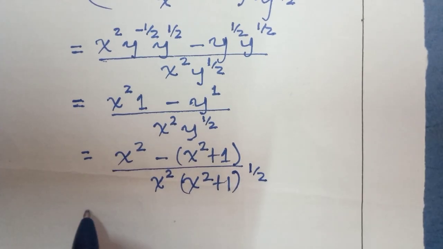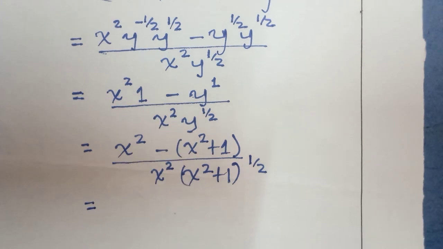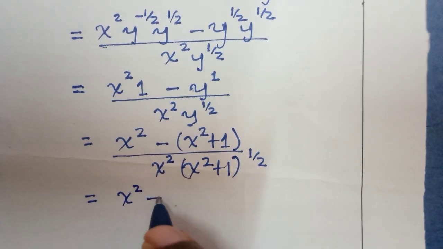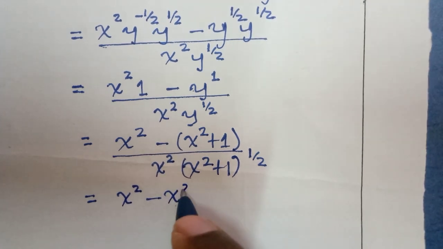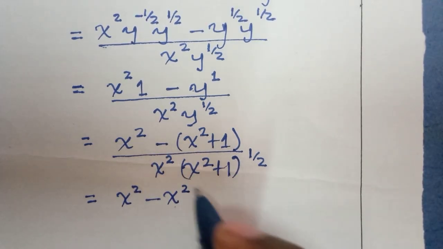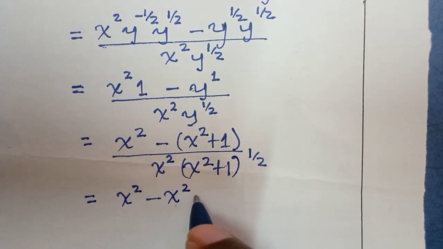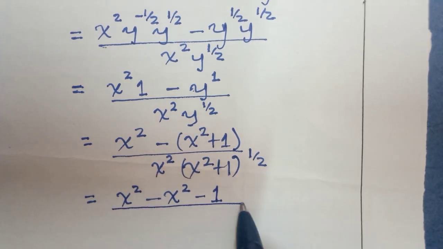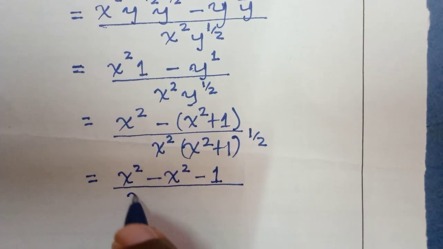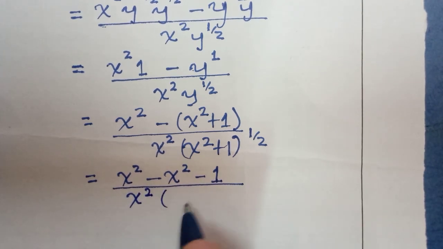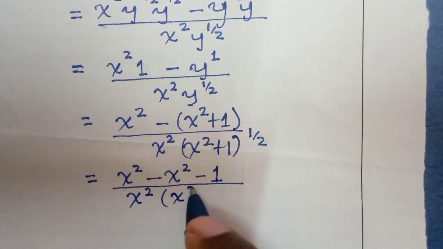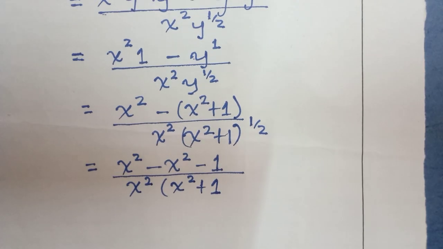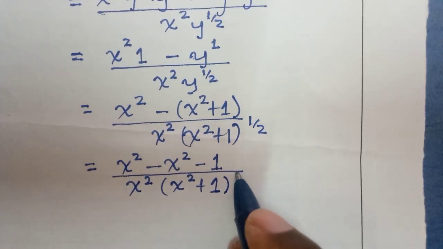So guys, I will now get x squared minus x squared, because of this minus, this plus is going to change to minus 1, all over x squared and then x squared plus 1, like that, raised to a half.